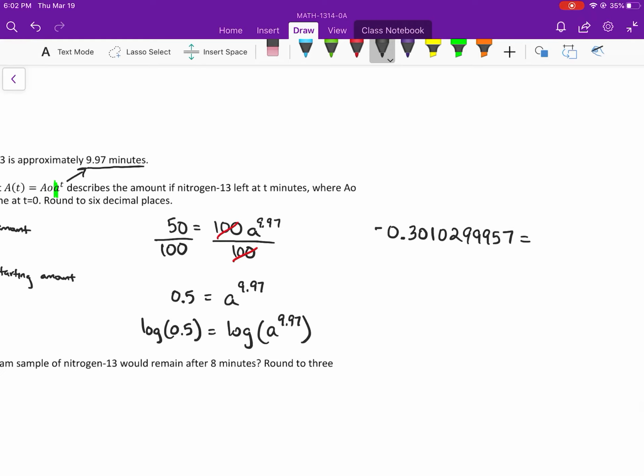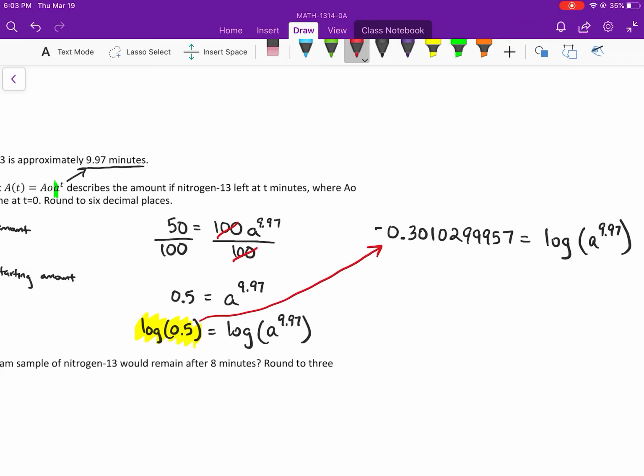Again, I'm writing every decimal place that I have there, which equals log of A to the power of 9.97. I just punched this into the calculator to get that. You're going to find out when we get into logarithms, if you take a logarithm of anything between 0 and 1, it's going to come out negative, but anything greater than 1 will always come out positive.